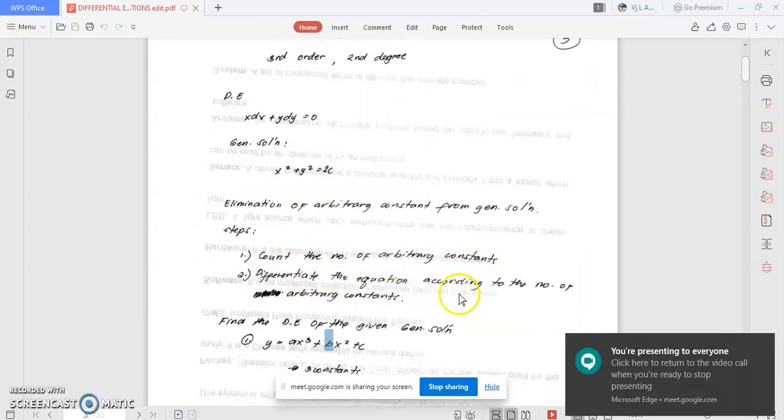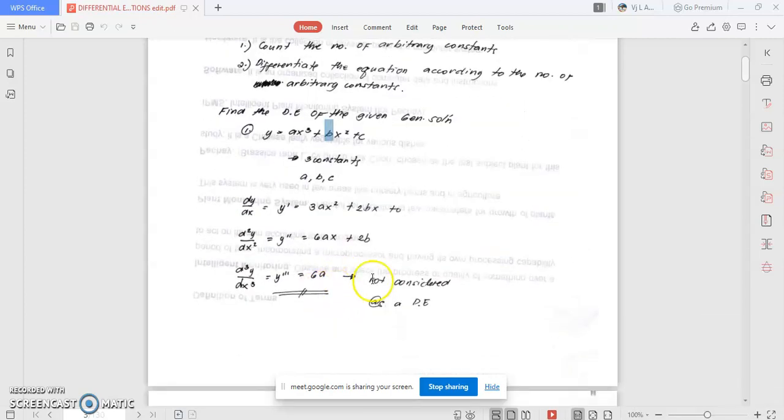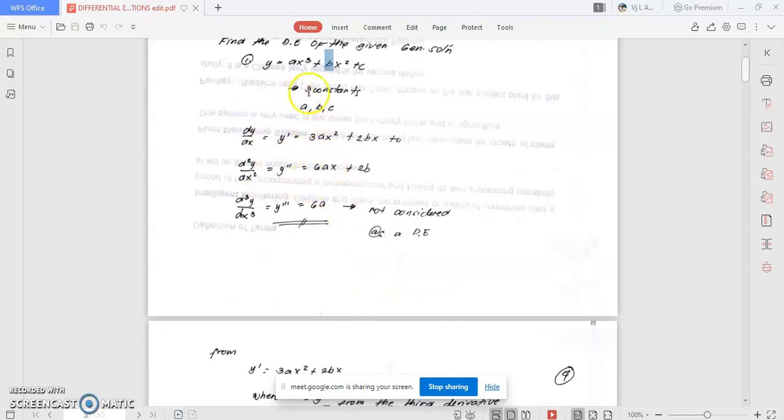After that, you differentiate, meaning you derive it. Differential calculus. After you derive it, count how many constants. You derive it three times, since there are three. You derive the given first, and the answer is y prime. Then you derive that again, and y prime becomes y double prime. Then you derive the last time, since there are three, and y double prime becomes y triple prime.